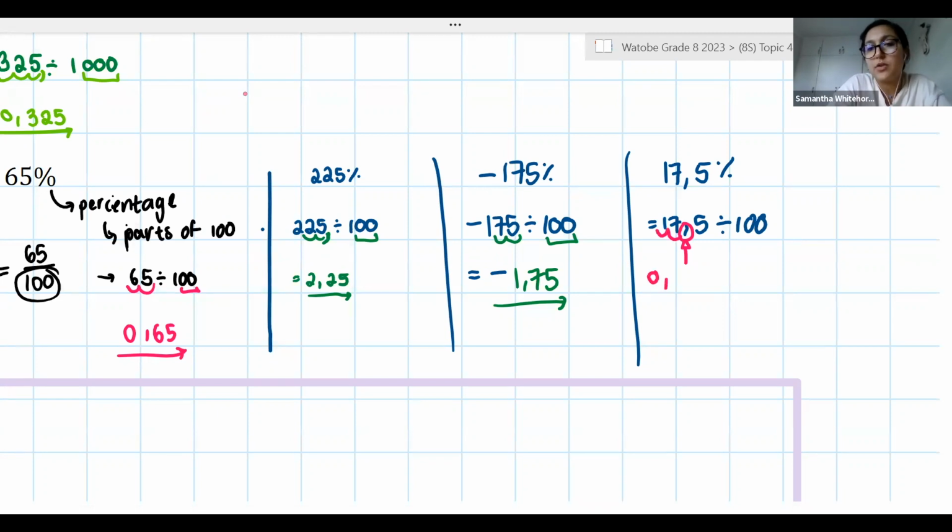And so this would be 0,175. If a number already has a decimal in it, we don't just move the decimal to the end. We use it where it currently is. So in this case, because there was a decimal at 17.5, that is the comma I then use to move accordingly. Right, so that was just something I wanted to point out.